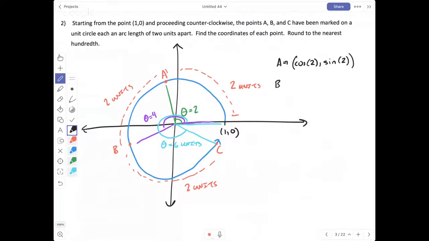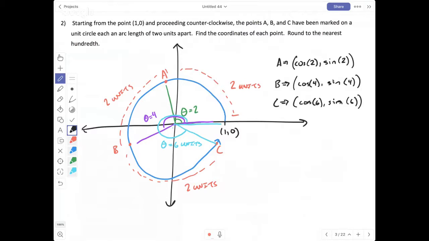For point B, we'll be at 4 radians, so cosine 4, sine 4. And for point C, cosine 6, sine 6.